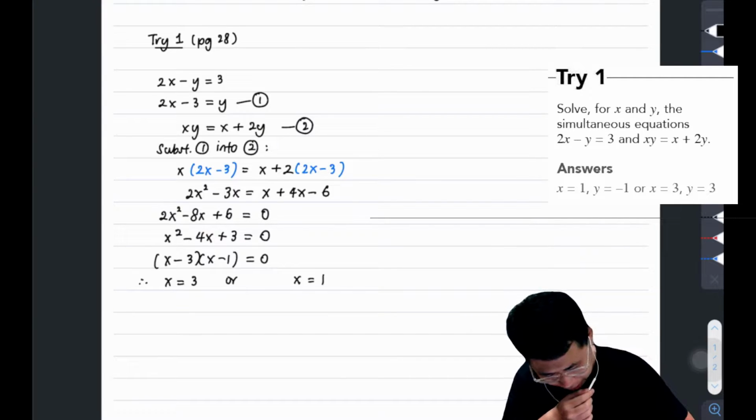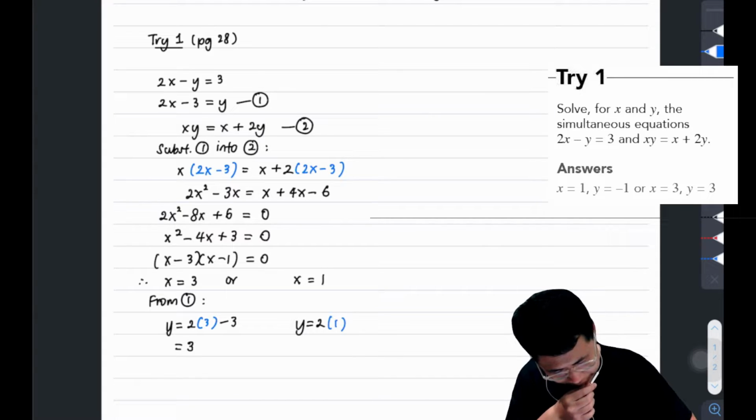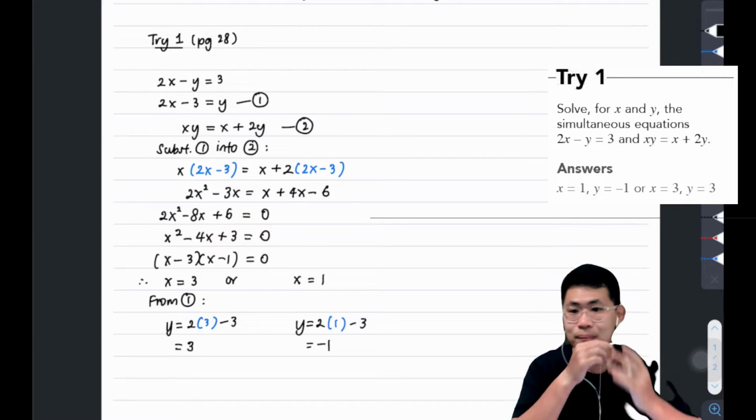So from equation 1, y equals 2x minus 3. So y equals 3 here, or y equals 2x minus 3, so 2 minus 3 will give me negative 1.